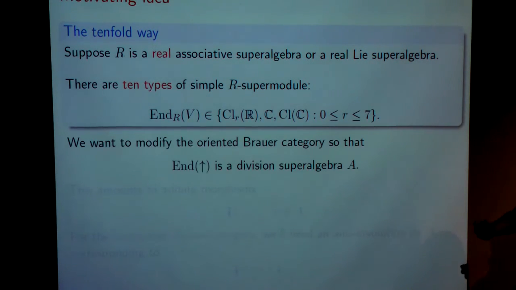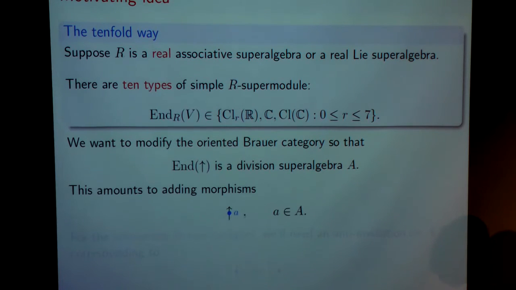So the general philosophy now is that we want to take this oriented Brauer category and enlarge it. There was this trivial observation before that we could only have multiples of this upstrand. We want to enlarge it so that this endomorphism algebra is now a copy of this superalgebra. So we want to add into our diagrams the fact that these strands can carry some token labeled by an element in this superalgebra.